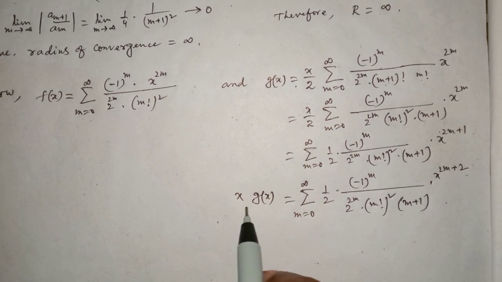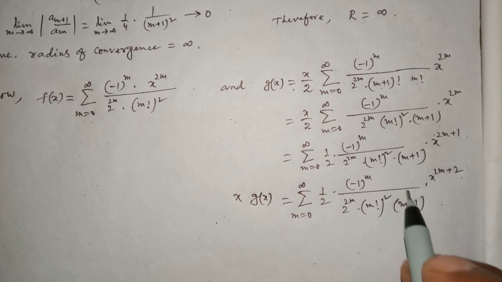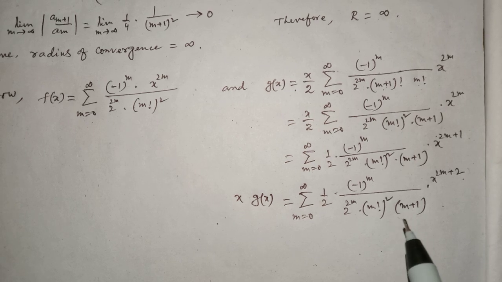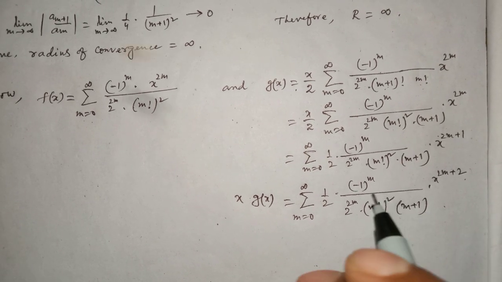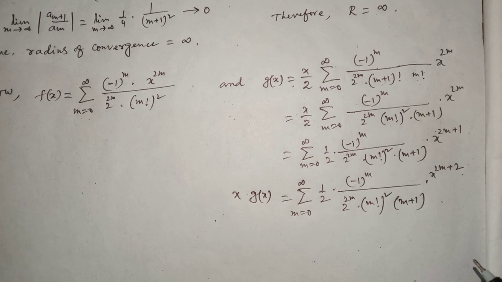Now we differentiate both sides, because g of x is the sum function of a power series and we can differentiate term by term a power series within its interval of convergence.